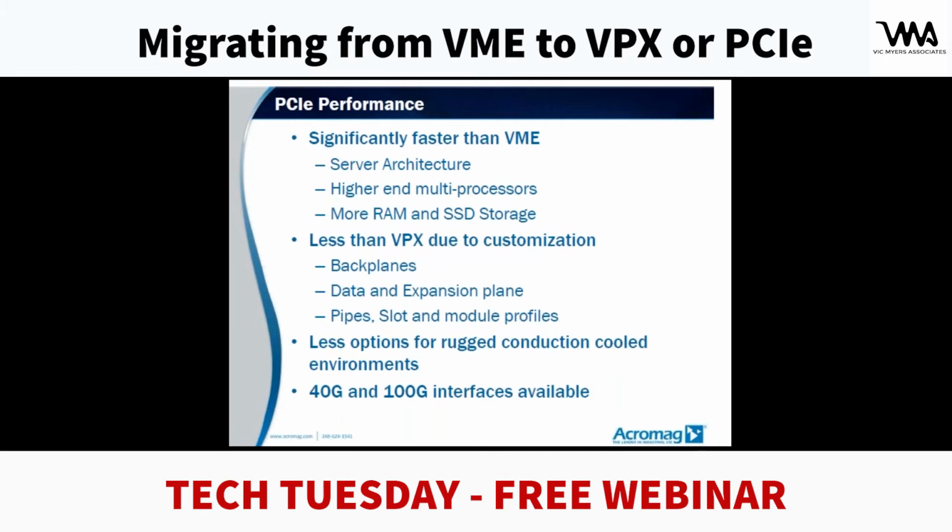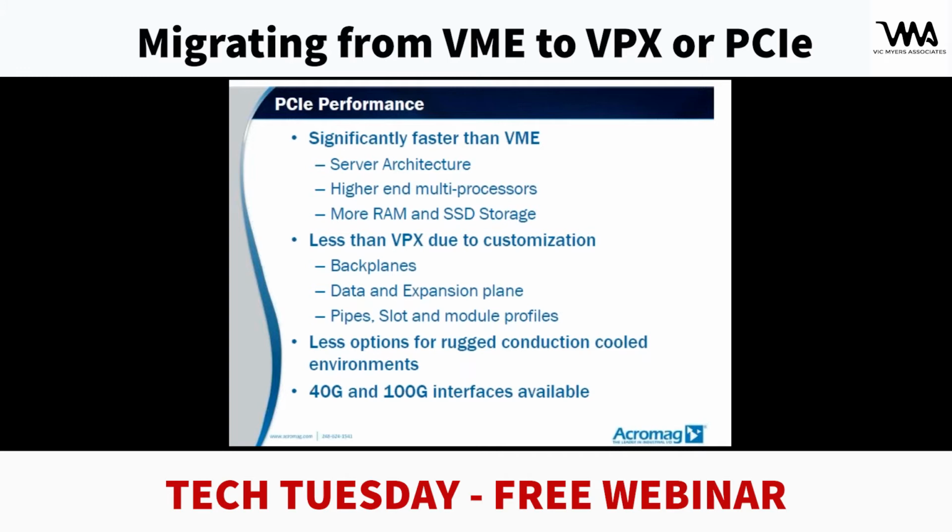PCI Express performance is significantly faster than VME, primarily due to it being a server architecture, also with much higher end multiprocessors, a lot more RAM, a lot more storage capability. Performance is slightly less than VPX due to the ability to customize backplanes in VPX and different architectures like data and expansion plane capabilities.